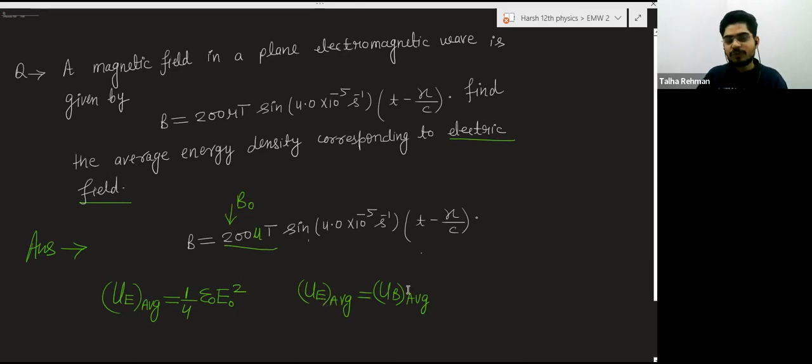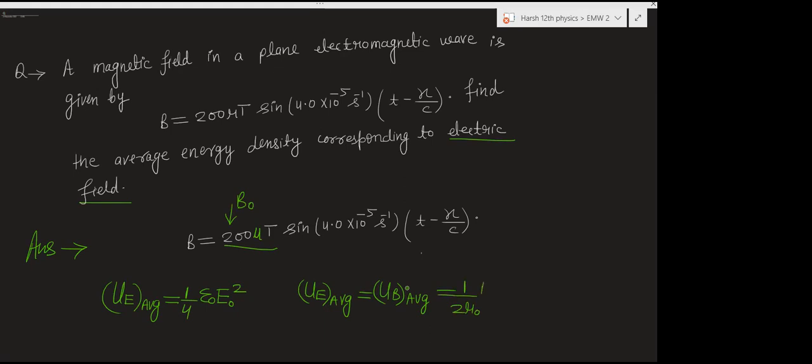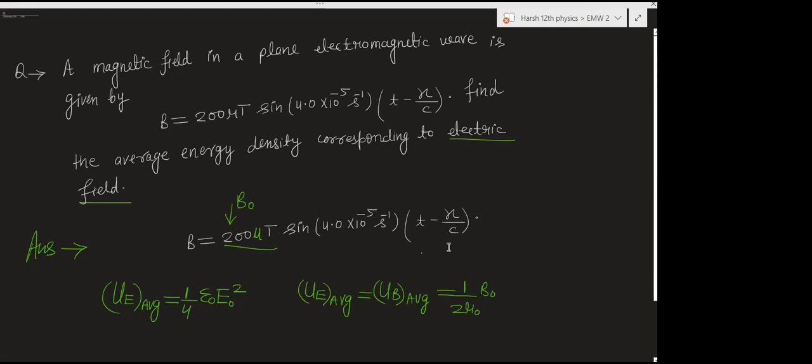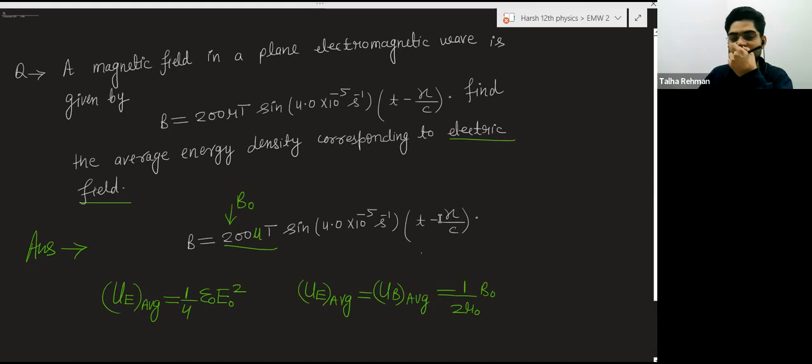This value is given by the expression with x by c. If x is given and there is a negative sign, it means this wave is traveling towards the positive x direction.